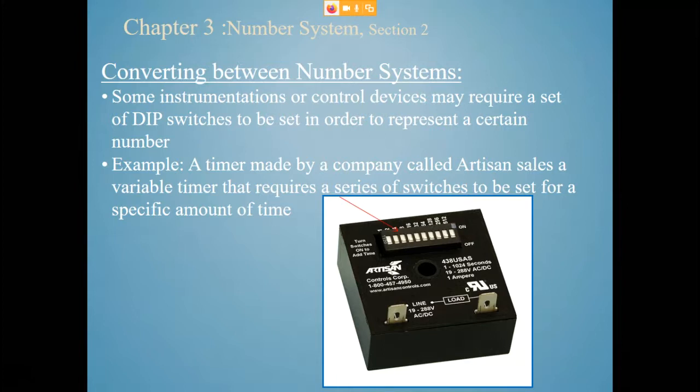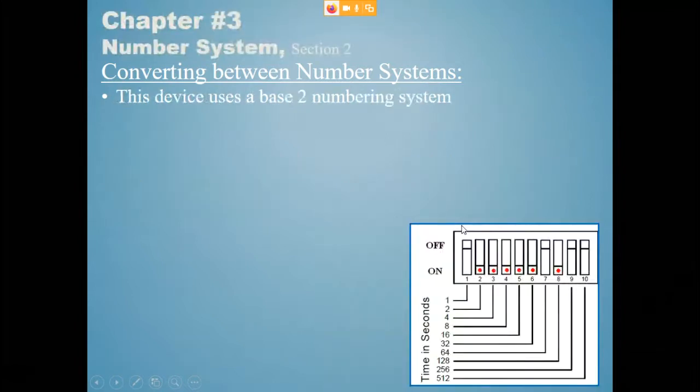So what it does is it's got these little, what they call dip switches. These little switches, a lot of times you'll find on a circuit board or something, and it's an on-off type switch, but it uses binary. So the first bit would give you like 1 second if you turned it on. The second bit would give you 2 seconds, and so on.